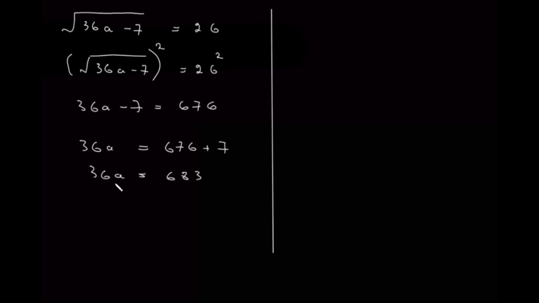We want a on its own. The 36 is multiply. Take it over the other side, it becomes divide. Or if you like, take it over to the other side, and the 36 over 1 is turned upside down. A equals 683 times 1 over 36. See, if it's multiply, take it over the other side, turn it upside down and multiply.